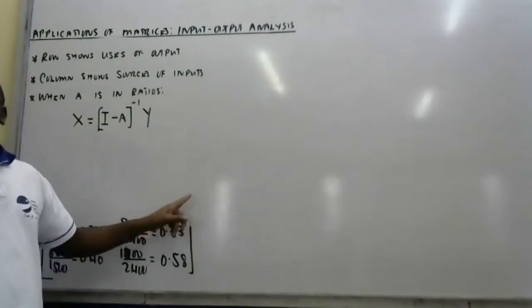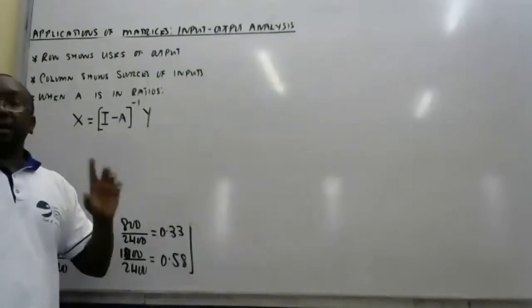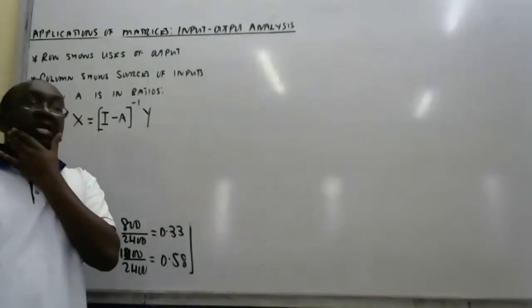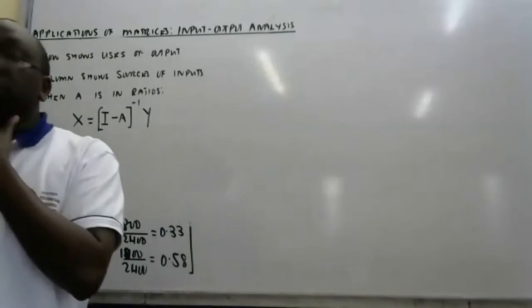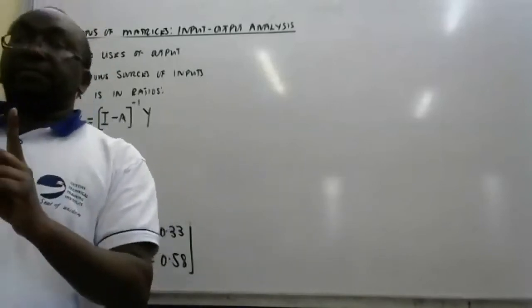I is 1, it's called the identity matrix, a whole number. When we are in matrices, we don't use 1. We use the identity matrix to represent 1.